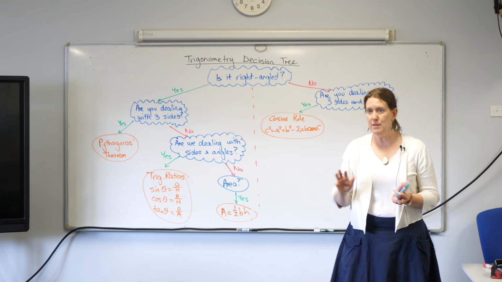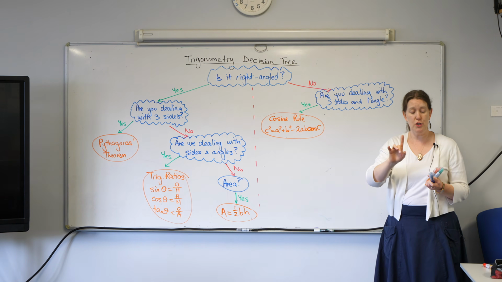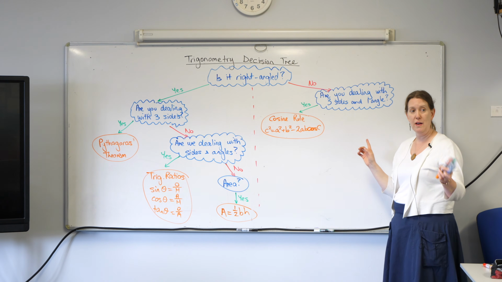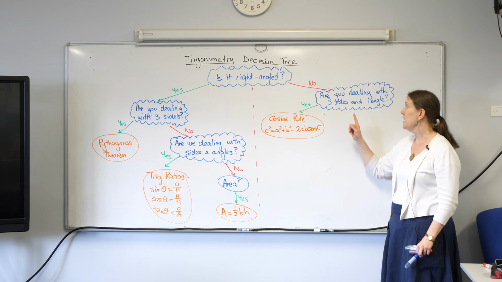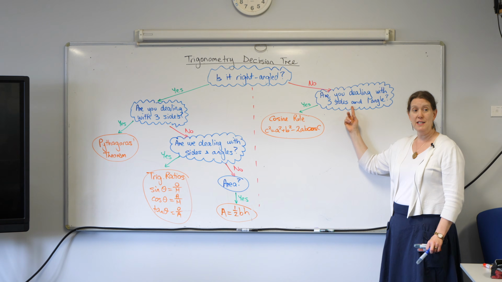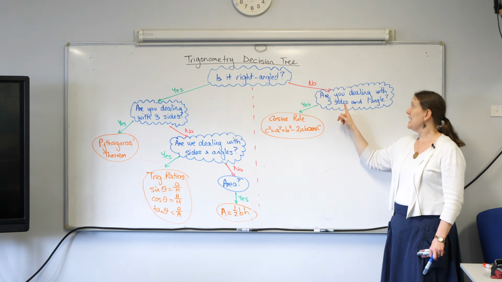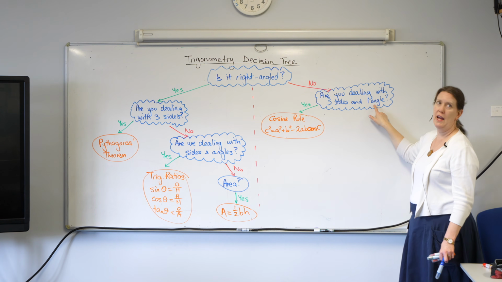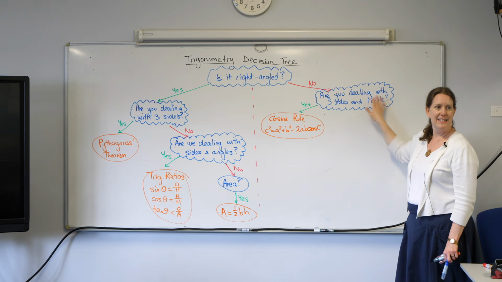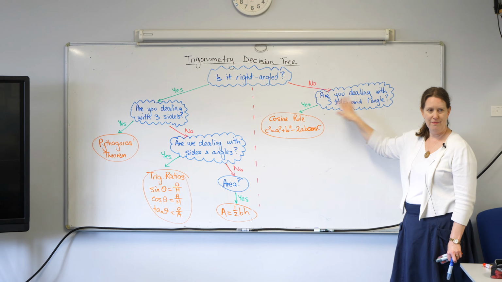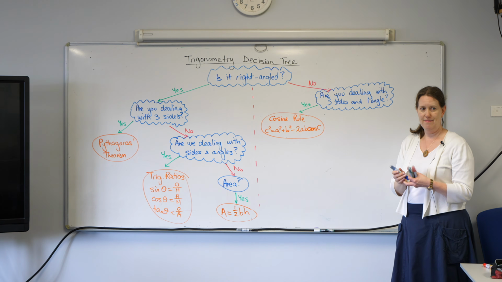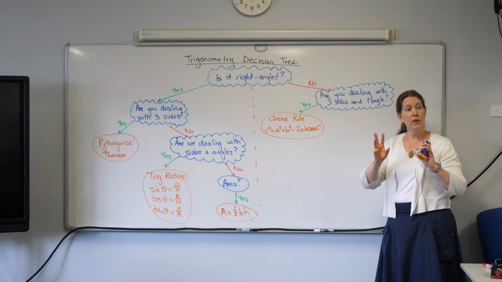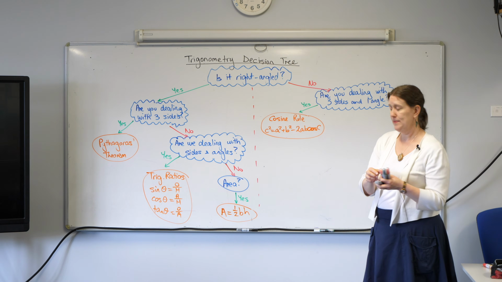Now sometimes, and here's the tricky bit, the answer to this is I'm dealing with 3 sides and 2 angles. That does not qualify. My question was, is it provided with 2 sides and 1 angle? So one of those is your unknown.